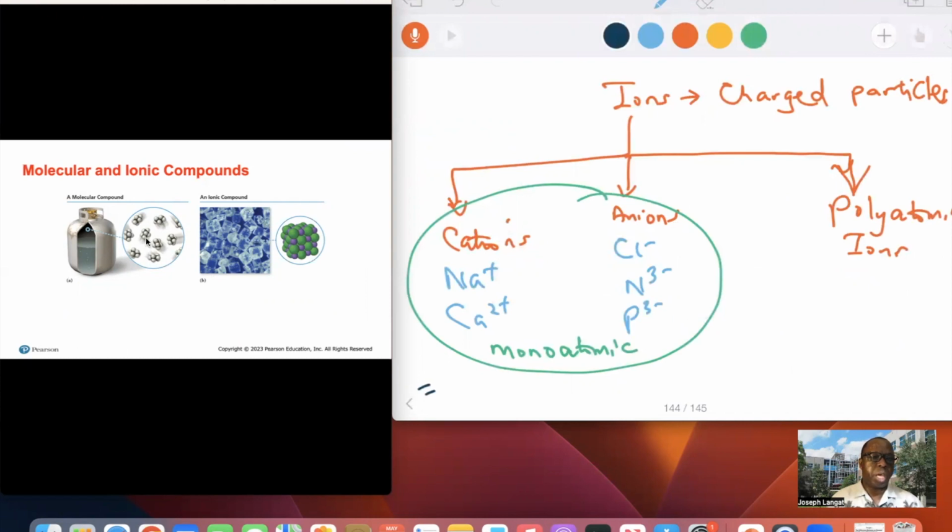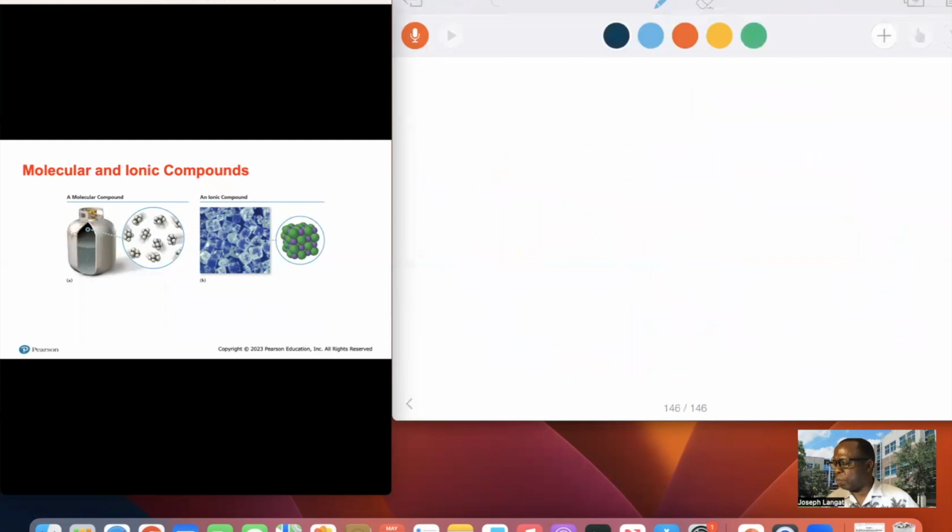These are just examples of molecular compound versus ionic compound. A molecular compound looks like ethane, a 2 carbon chain, composed of 2 or more nonmetals, and then ionic compound, sodium chloride. To understand this slide, A is C2H6.